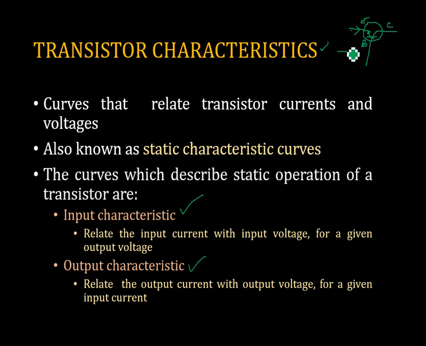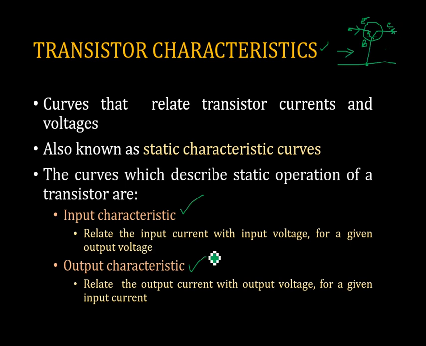So the signal input will be given to this forward biased emitter base junction, and base is common. This is a common base. We haven't gone into the detail, but still, as you are familiar with, I am just telling. And this is the output. So this will be the output current. Current flowing through the collector will be the output current, and the voltage across the collector to base will be the output voltage.